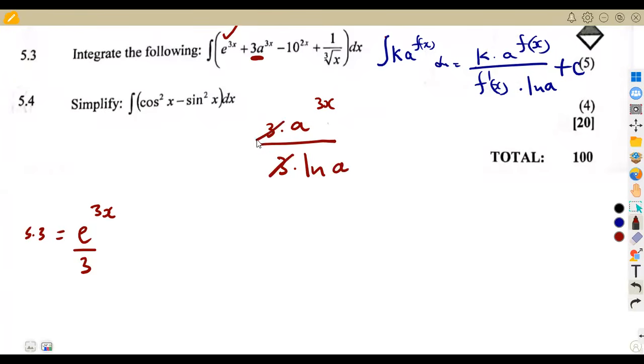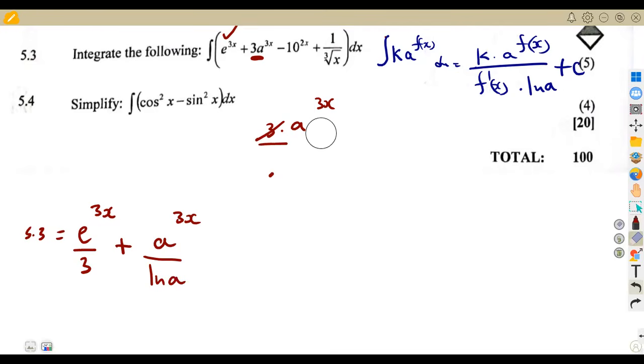So this 3 and this 3 are going to cancel. So we're going to have plus a to the exponent of 3x over the ln of a in simplest form, okay?